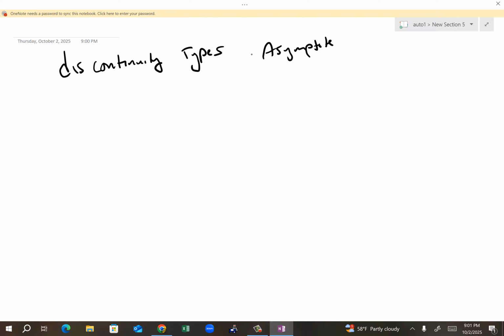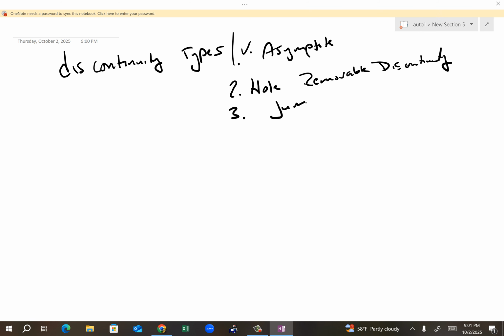Obviously. Vertical asymptote. You could have a hole. A hole is often referred to as a removable discontinuity. Okay, you could have a jump. Oh, by the way, your book refers to this as an infinite discontinuity because it goes to infinity, right?